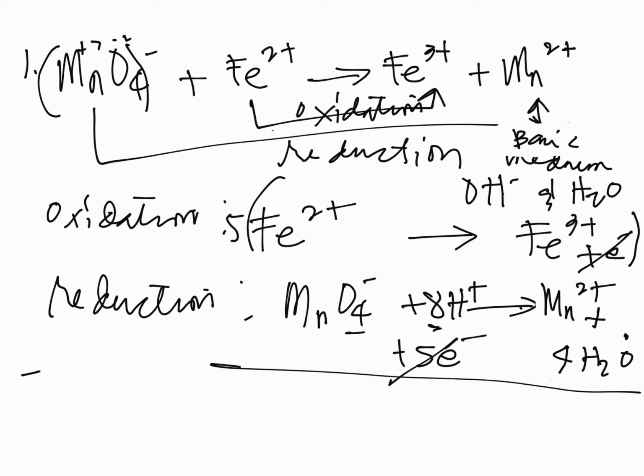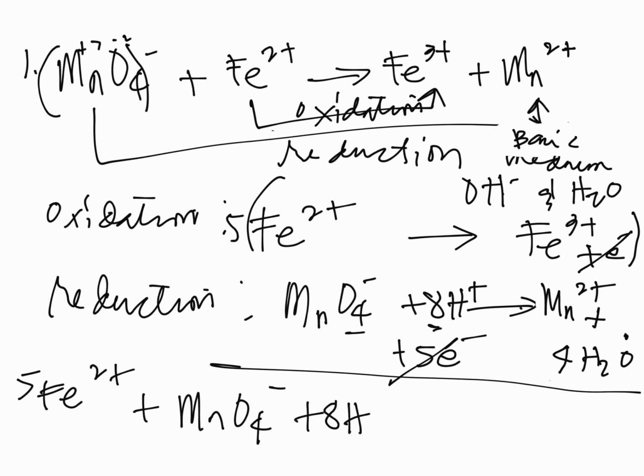That will be 5 Fe2 plus, then for reduction, MnO4 negative plus 8H plus, the products 5 Fe3 plus, and Mn2 plus plus 4 H2O.